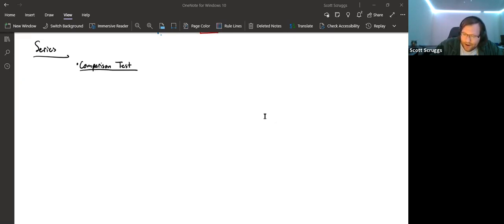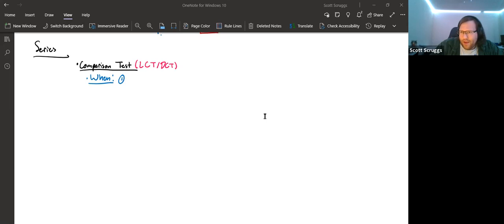And this can be either LCT or direct comparison test. Either one will have the same criteria as to when I would like to use this test. So when would I use a comparison test to check the convergence or divergence of a series?